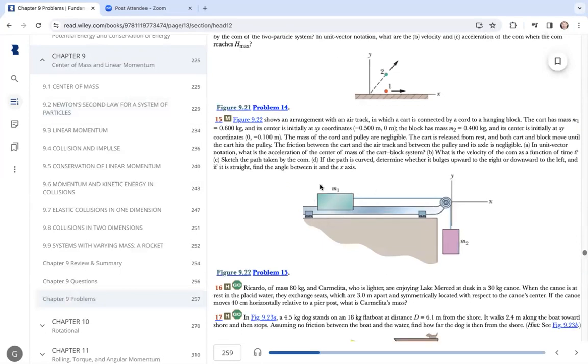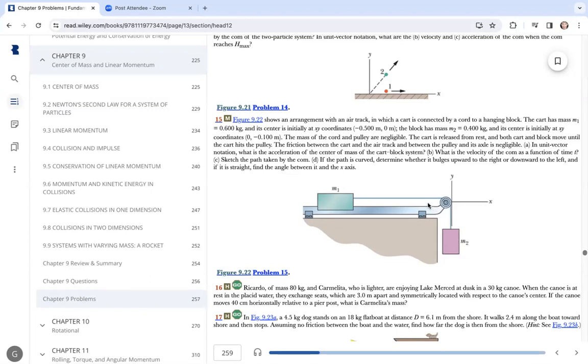So these have the same magnitude of acceleration. The difference is this one's accelerating to the right, this one's accelerating down. This one has only x acceleration, this one has only y acceleration. The y acceleration of this piece is 0. The x acceleration of this piece is 0.